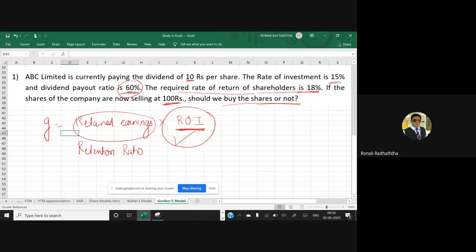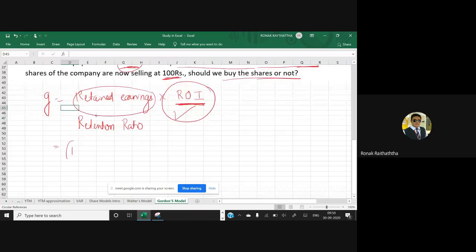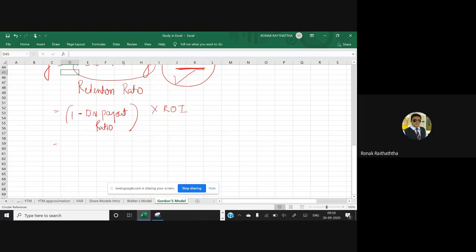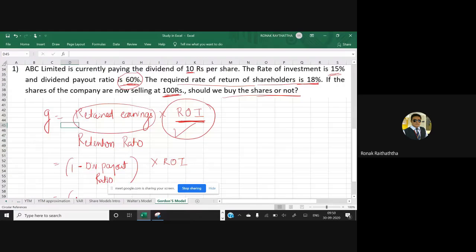Okay. So the growth rate is retention ratio, which is 1 minus dividend payout ratio, multiplied by ROI, rate of return on investment. So 1 minus dividend payout ratio would be 1 minus, can someone tell me what is the dividend payout ratio we have? 60%, right.